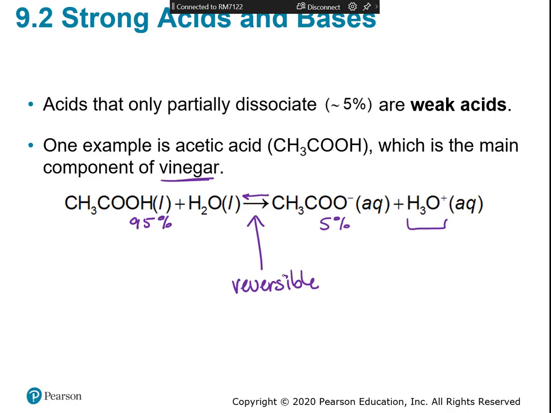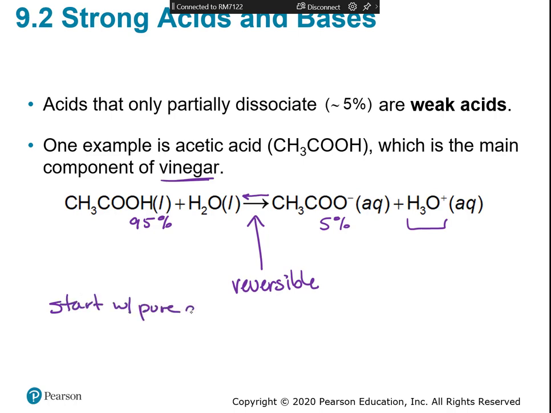But eventually you reach this point where the forward reaction and the reverse reaction are equal. So that means that the amount of acetic acid molecules forming ions is equal to the rate of the ions reforming the acetic acid. Does anybody remember what that's called? That happens until you reach equilibrium.